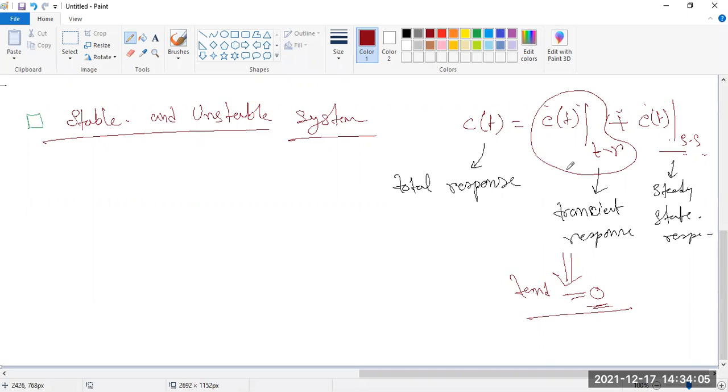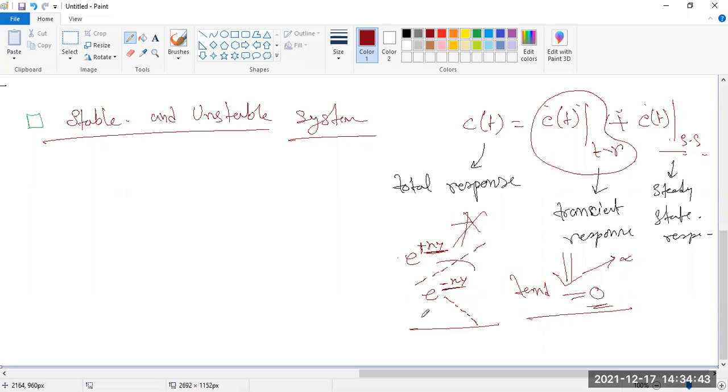If the transient response does not go to zero at any point, or even goes to an infinite level of value, then the system will be unstable. If the exponent is positive it goes to infinity, and if it is negative it tends to zero.